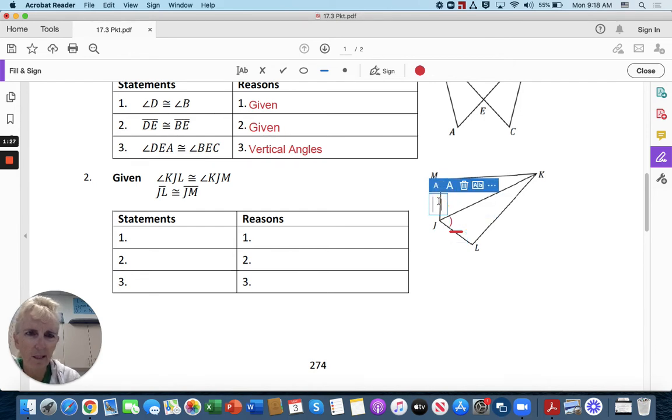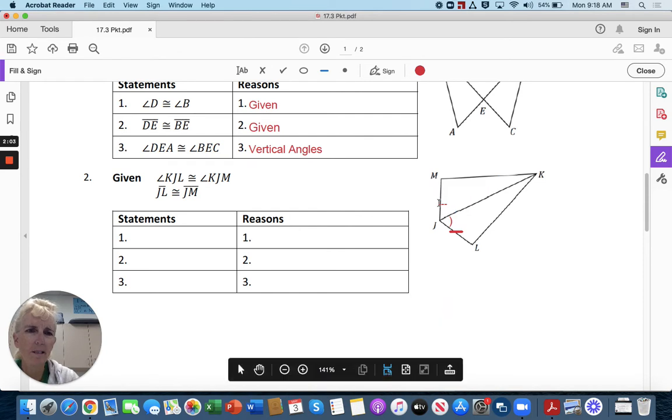So if I put it right here as well, you're basically saying that this line is congruent to this line, and you could draw your marking there.